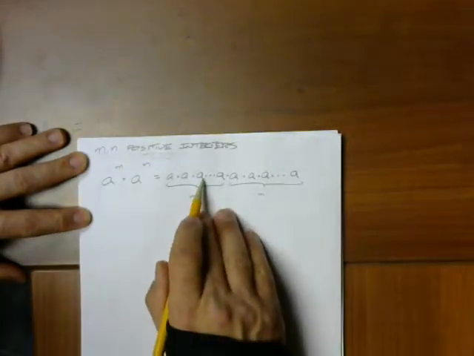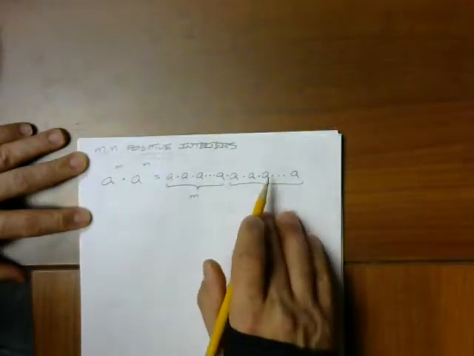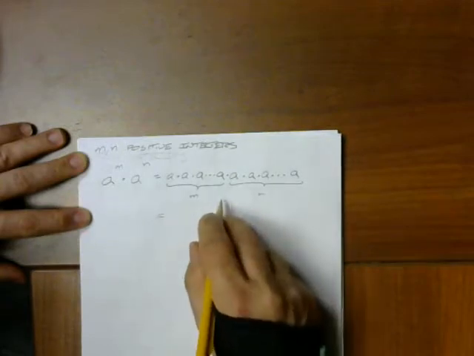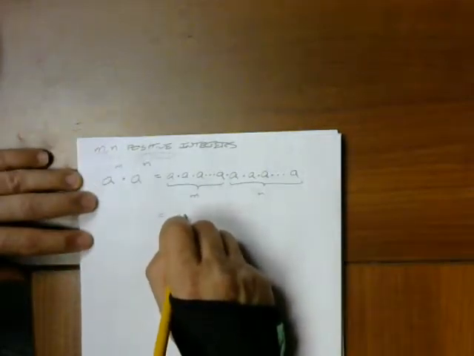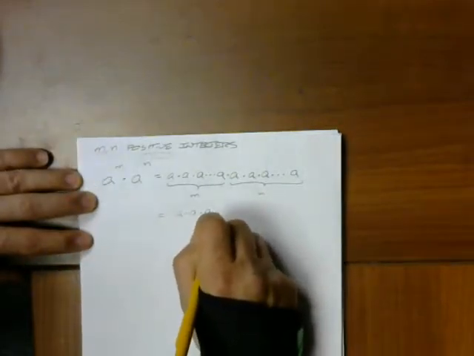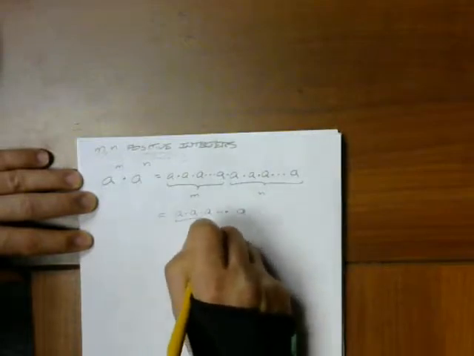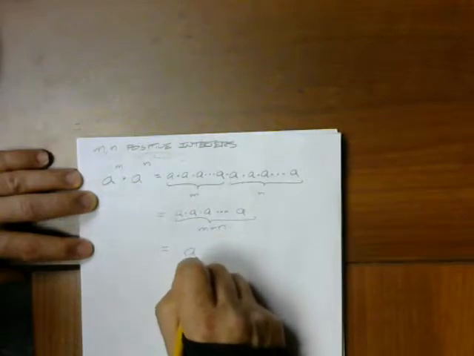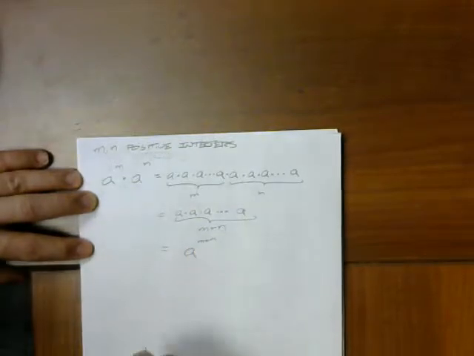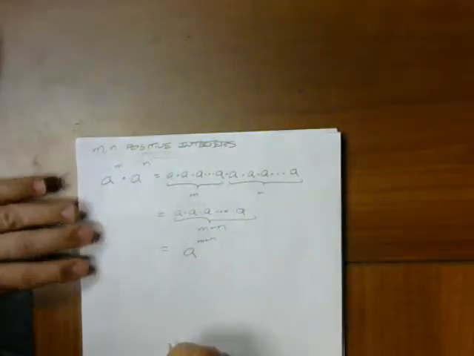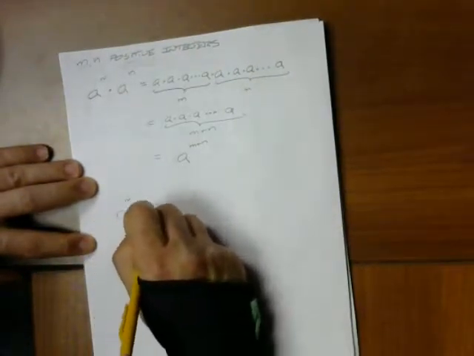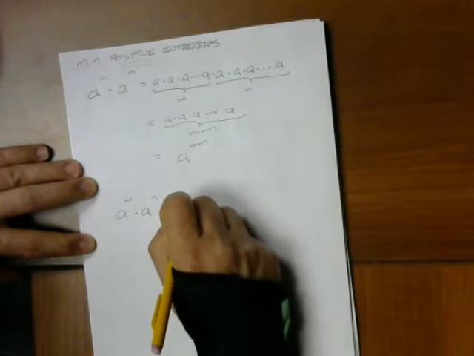So if we have m a's and somebody gives us n a's and we put them all together, we have m plus n total a's. And by the definition of a to the m plus n, what we end up with is a to the m plus n. So we get this rule, a to the m times a to the n equals a to the m plus n.